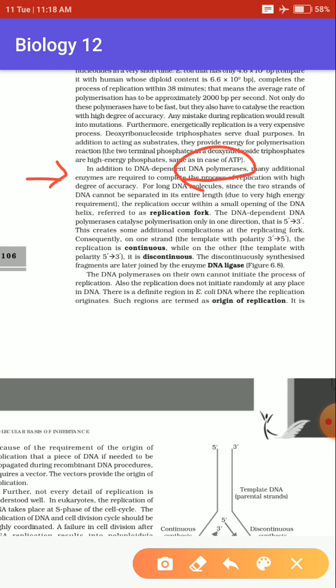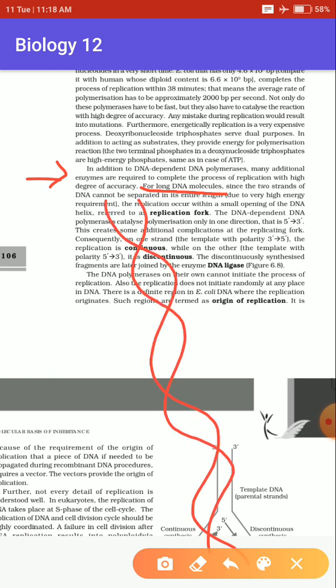For example, we have a long DNA molecule in our body, right? We have this very long double-helix structured DNA strand. So replicating this long DNA strand is a very energy-consuming process, right? So what is to be done?